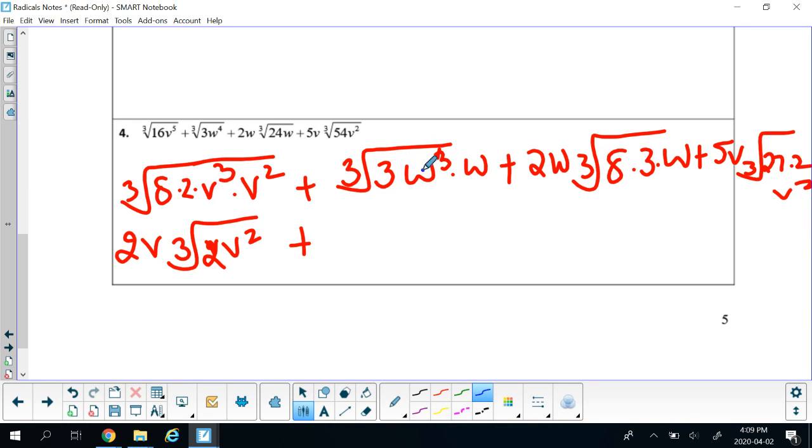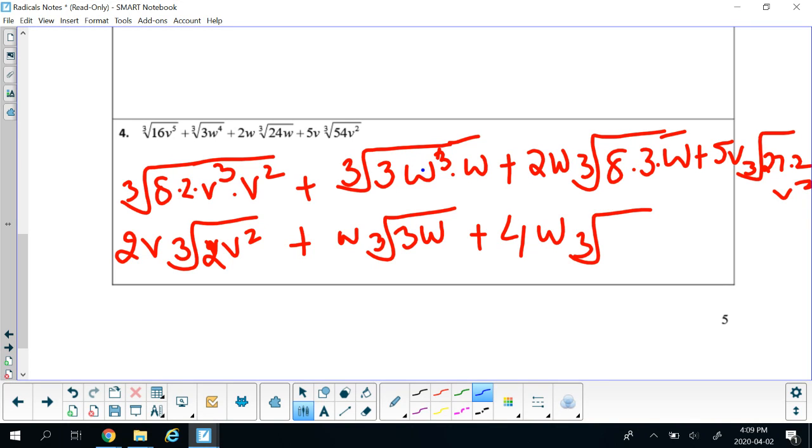In this, we have cube root and cube cancels out. So we have w that goes outside the cube root, and inside we are left with 3w. And in this term, we have cube root of 8 is 2, and 2 times 2 is 4w, and inside the cube root we have 3w left.